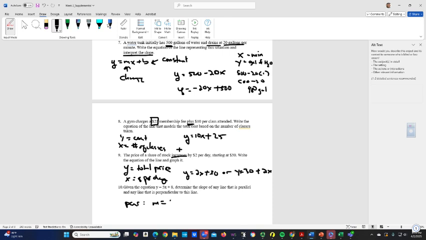So for a parallel line to the line Y equals 5X plus 8, my slope is going to be 5. For a perpendicular line, it's going to be the mathematical opposite. So the reciprocal of 5 would be 1/5, and the opposite of a positive would just be negative, right? So my slope for a perpendicular line is going to be negative 1/5.